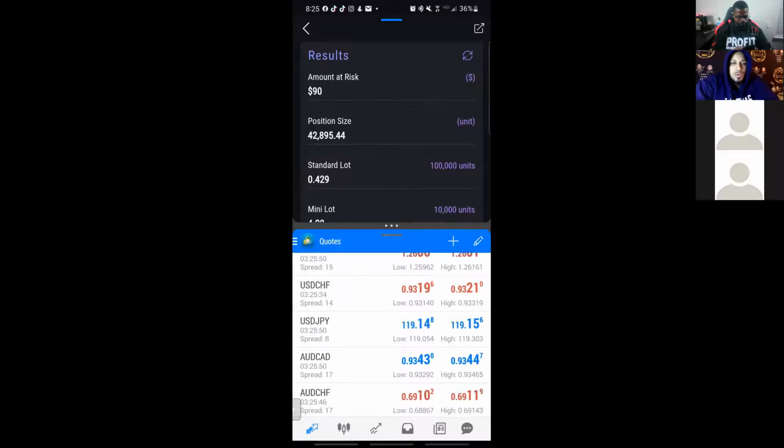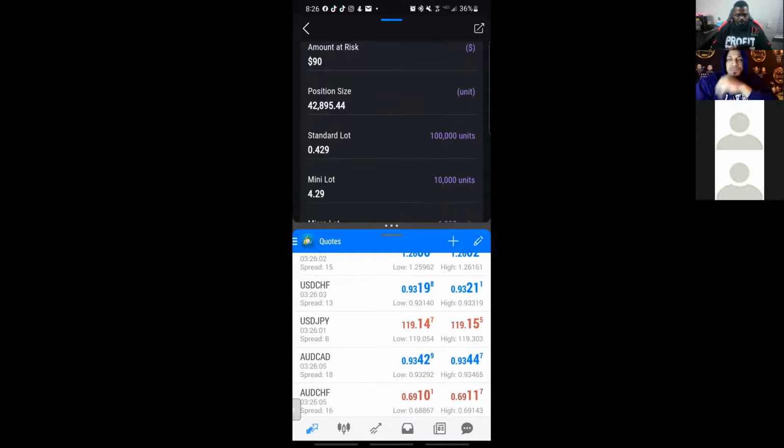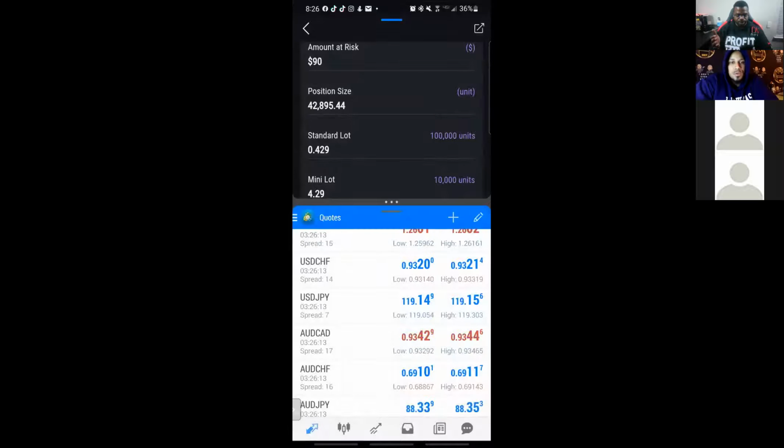So for instance, under standard lot, it says 0.42. We will ignore the last number. We only want to look at the number before the decimal and the 2 spaces after the decimal. So in this case, we'll just split 0.42 into 3 positions. Okay, so you can do it at whatever number you would like to.